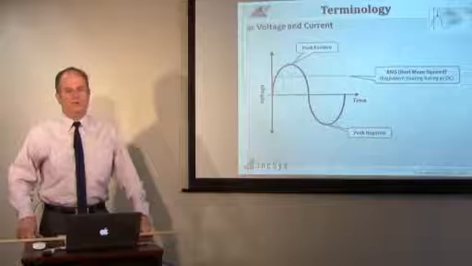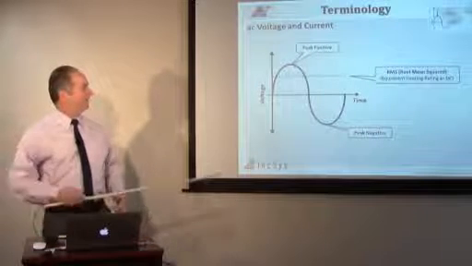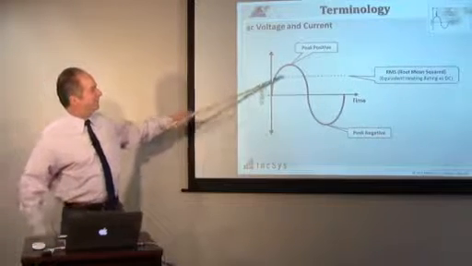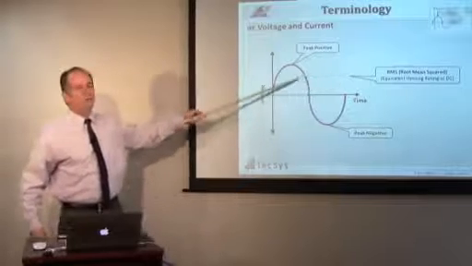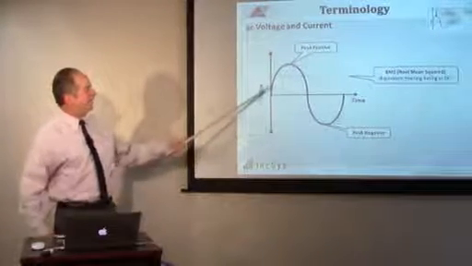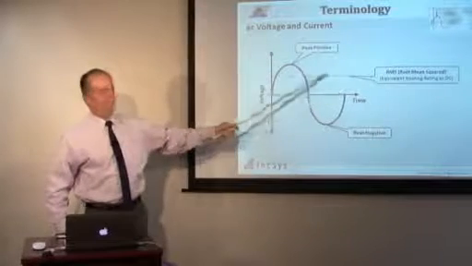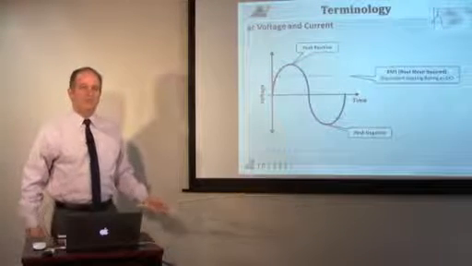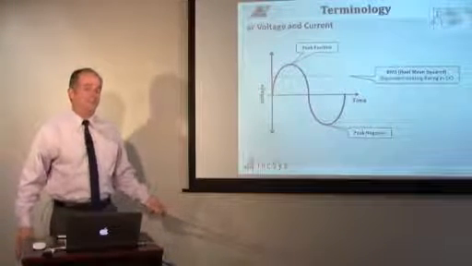Now, we're going to start talking about AC a little bit more specifically. In AC voltage, we have the peak voltage, and we have the peak negative voltage, and we have what's referred to as the root mean squared. We deal with root mean squared because we have an issue: if you take the average value of voltage, it becomes 0. So the average value of voltage in an AC signal is 0.